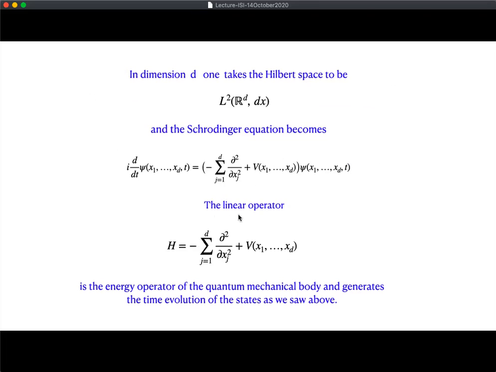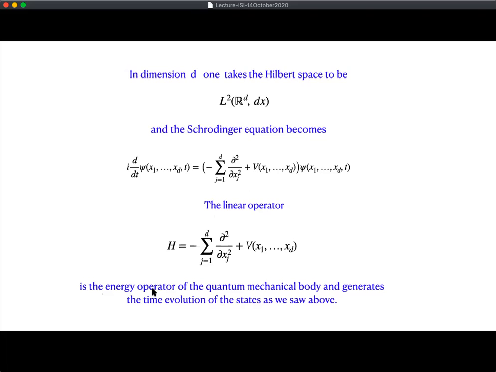This linear operator on the right-hand side, namely H equals minus d squared by dx squared plus V, where V is interpreted as an operator of multiplication by this function acting on L2 of R^d, is the analog of the energy operator of the classical case.